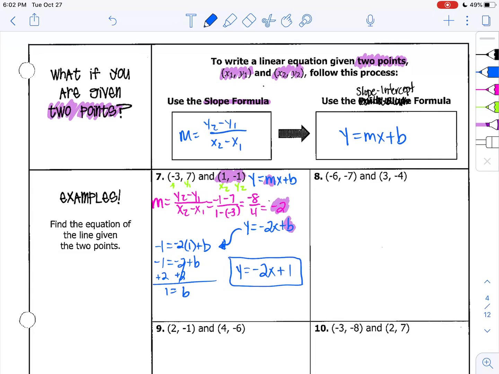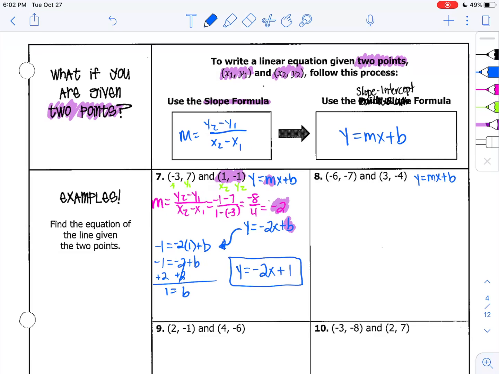Let's take a look at another example. Given the points -6, -7 and 3, -4, we're going to write the equation of a line. To write the equation of the line, I need y equals mx plus b. To write the equation, I need the m slope value and the b y-intercept value.